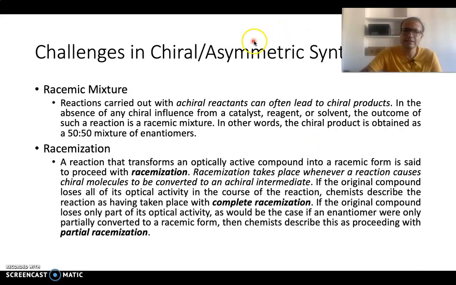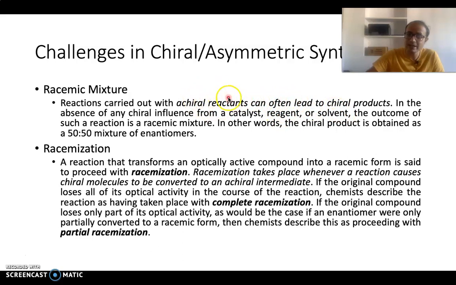So what are the challenges that you face in an asymmetric synthesis? There are two common challenges. One is the formation of a racemic mixture. Another is the phenomenon of racemization. Now what are these? A racemic mixture arises when you carry out a synthetic reaction where your reactants are achiral and the reaction leads to a chiral product.